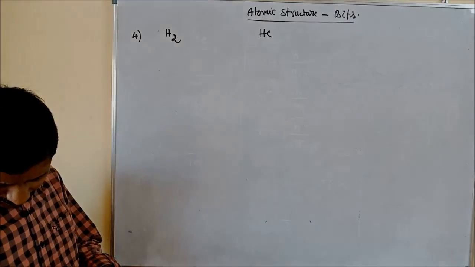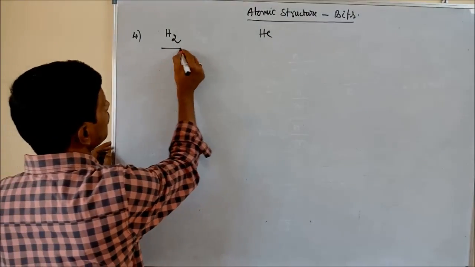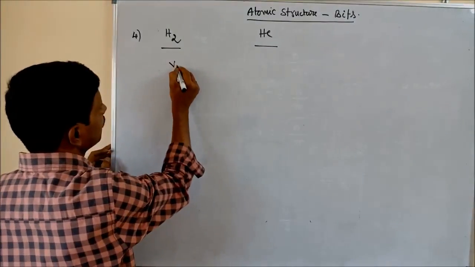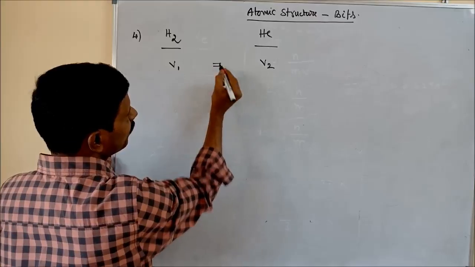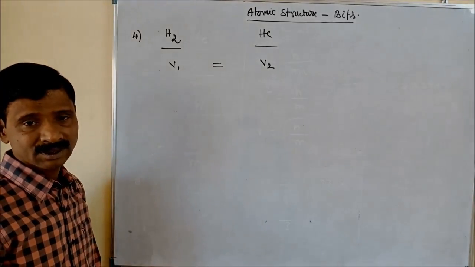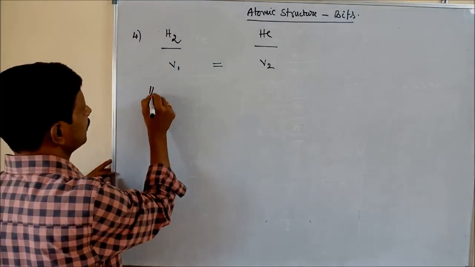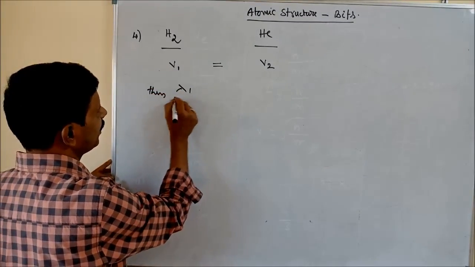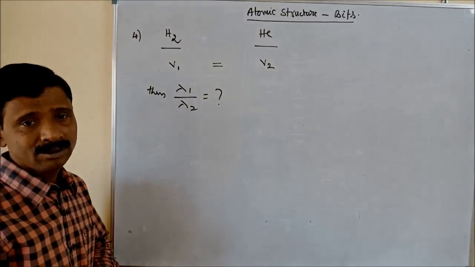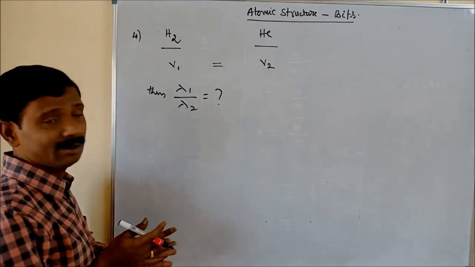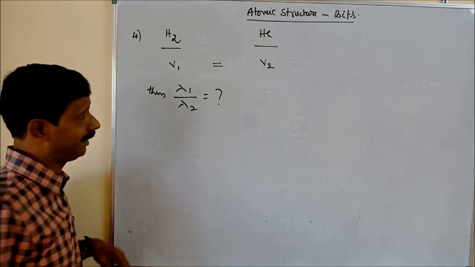Now the question is, if both are moving with the same velocity, let them be V1 and V2, so V1 equals V2, then we have to find the ratio of the wavelengths. So lambda 1 by lambda 2 is what? If the hydrogen molecule and helium atom are moving with the same velocity, what about their wavelengths?